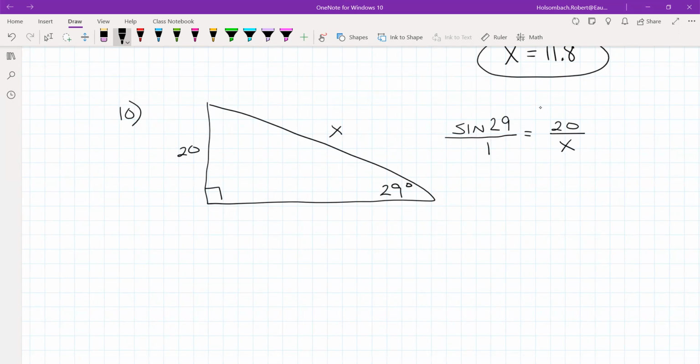Crisscross multiply. Sine 29 times x is equal to 1 times 20. Divide both sides by sine 29. X is equal to 20 divided by sine 29 equals 41.3.